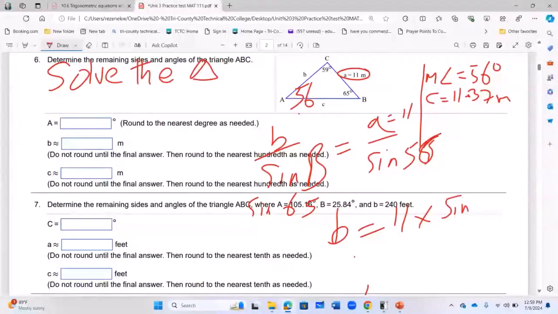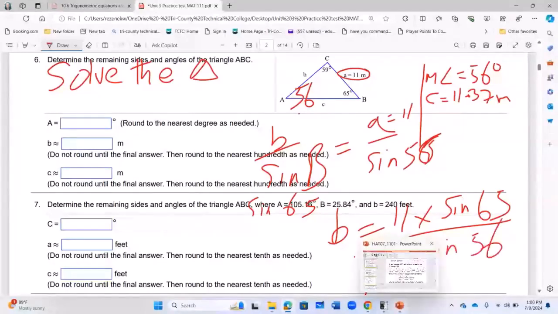I was wondering why the two answers are the same. Okay. So 11 multiplied sine 65 degrees divided by sine 50 degrees. So now I'm going to get a calculator.